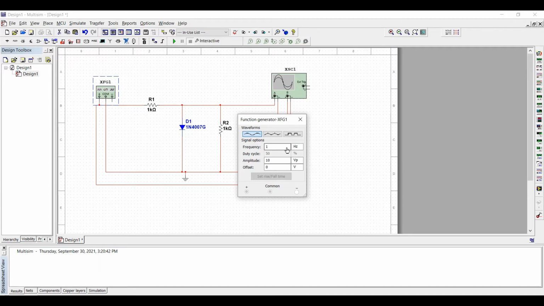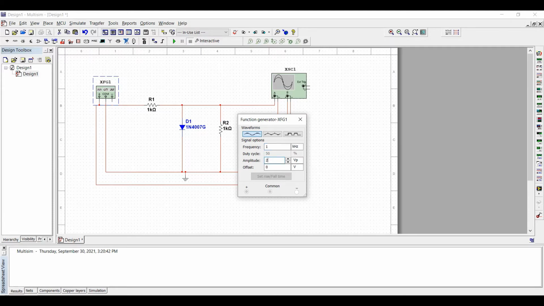So change the frequency to 1 kilohertz. Next is duty cycle. It is inactive. We don't want to change the duty cycle. Amplitude. As you can see, amplitude is always in the peak value. So if we are giving 5 volts peak to peak, it should be 2.5 volts peak.